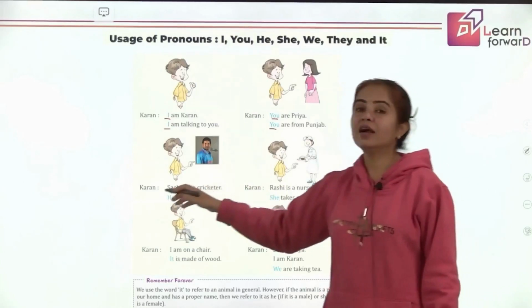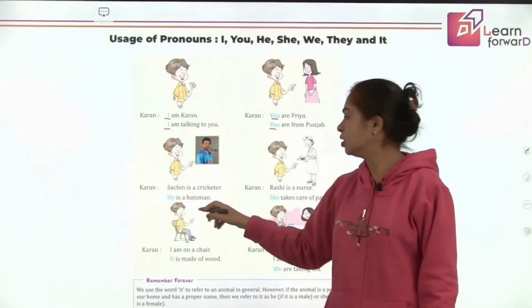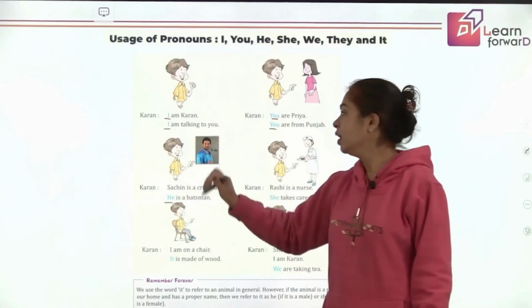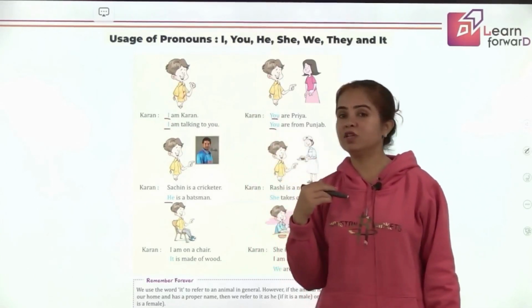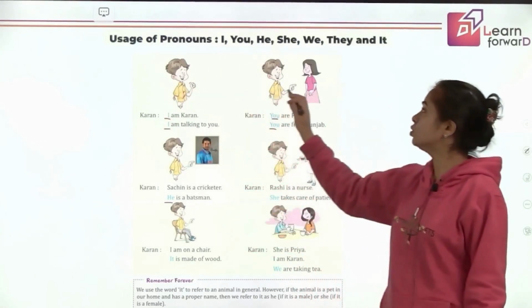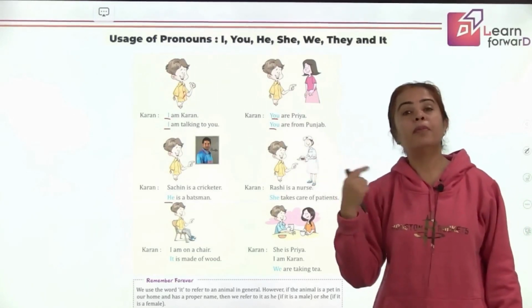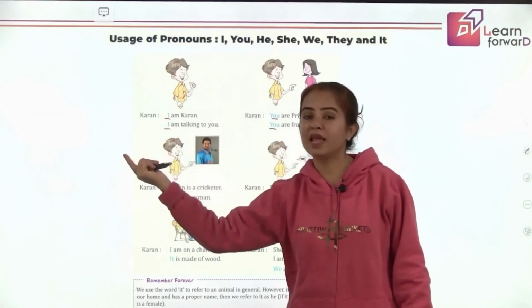Then Karan is pointing out something. He is saying, Sachin is a cricketer, he is a batsman. So when Karan is talking, he is saying I for himself, the speaker. The person he is talking to is Priya. So he is saying you. But between the two, they are talking about Sachin, somebody else.